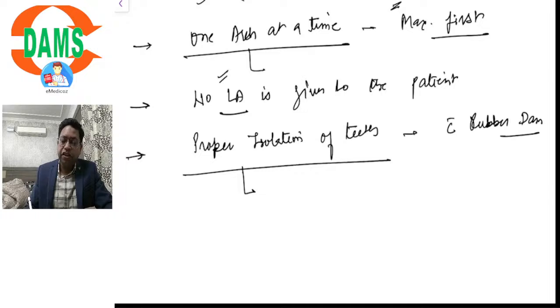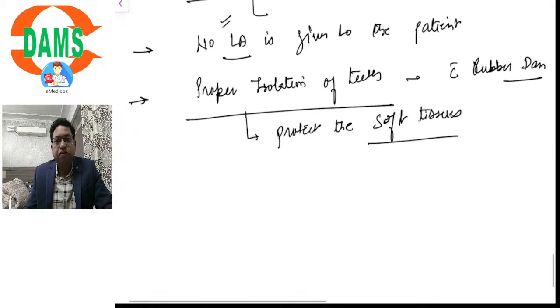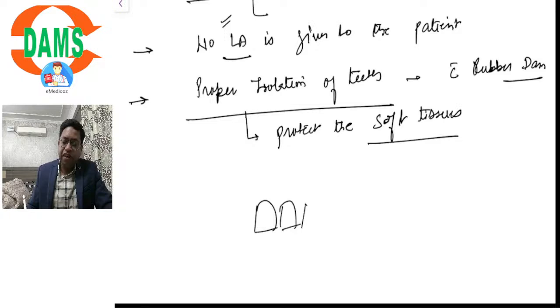This proper isolation of the teeth is done to protect the soft tissues like gums and the mucosa. Why protect the soft tissues? Because we are using a very strong bleaching agent, that is 35% hydrogen peroxide, that can cause chemical burns to the soft tissues.